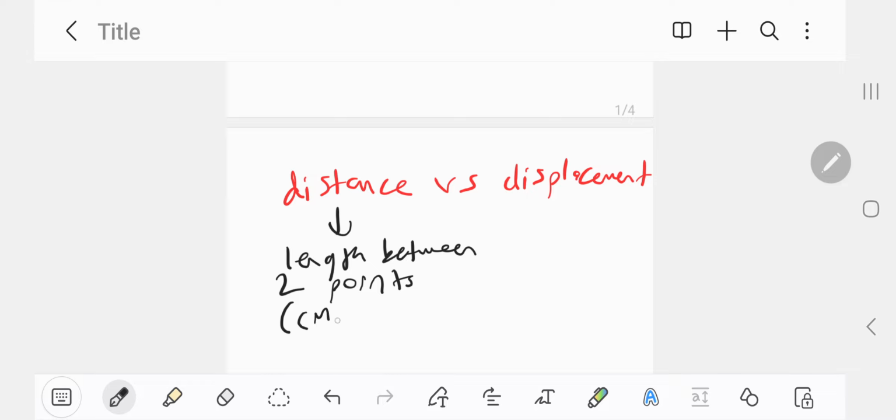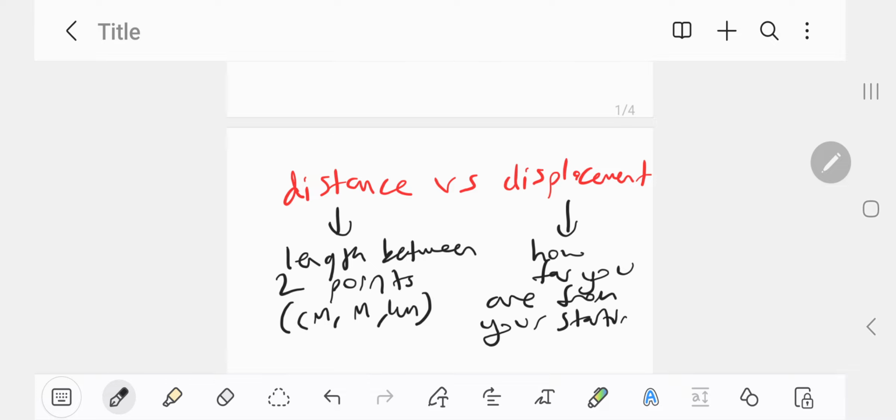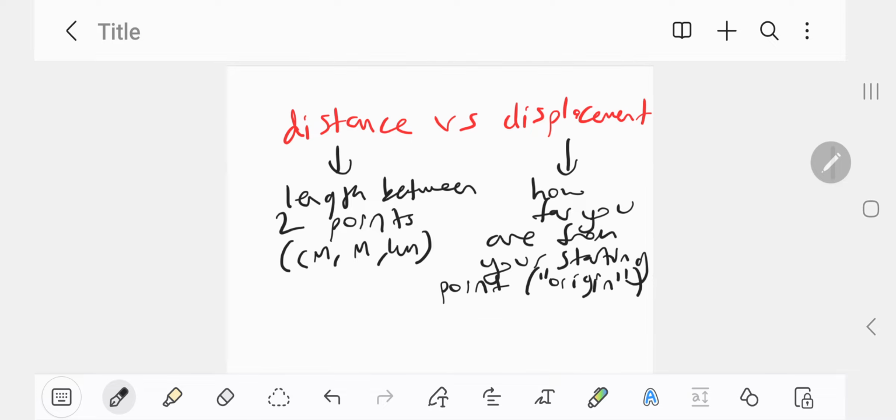Okay, you can measure it in centimeters, meters, kilometers, no problem. Displacement is distance, but with a direction, and usually means how far you are from your starting point, also known as the origin. Think of maths. The origin is where you begin, usually on a graph.